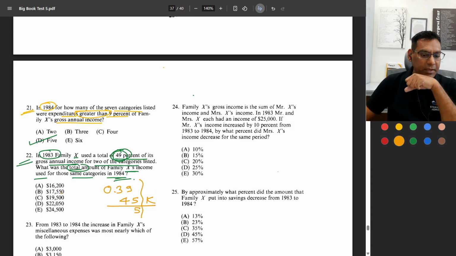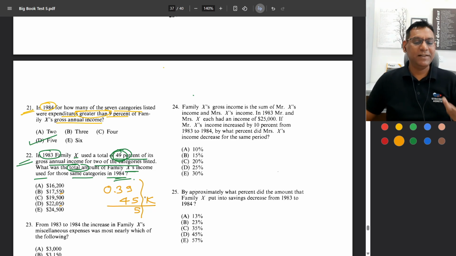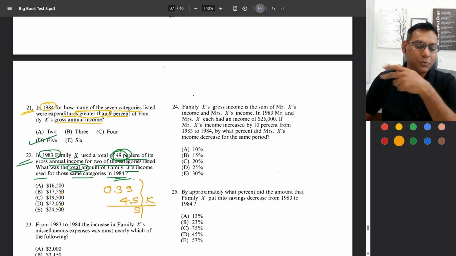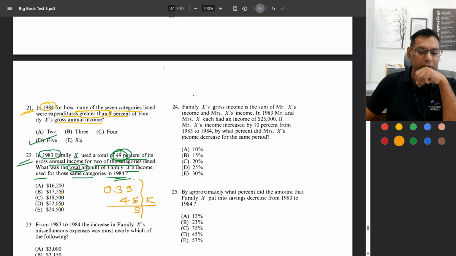Anyway, I see that there are 2 of them ending in 5. So anyway, let's do the math. Sometimes you'll have to do that. I'm not fond of this. I like to solve questions logically, but there is no solution here. But the easier way is 45 into 40. That is easy, right?